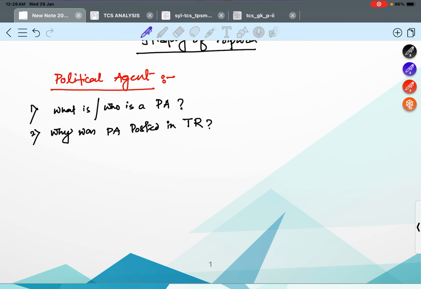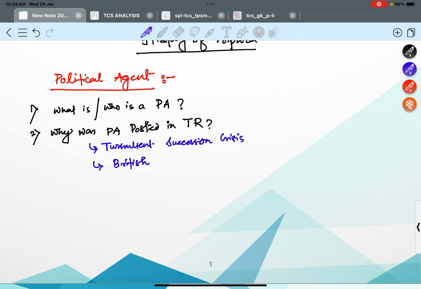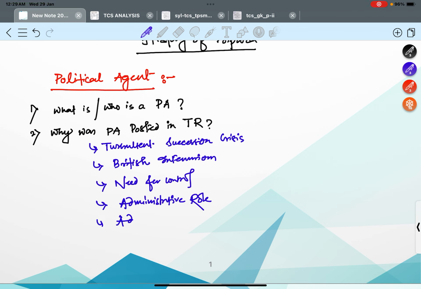There are many reasons, for example, turbulent succession crisis, British interventions, need for control, administrative rule, advisory rule.